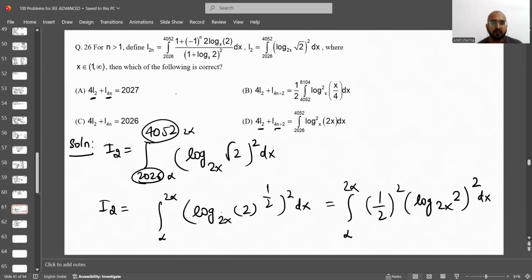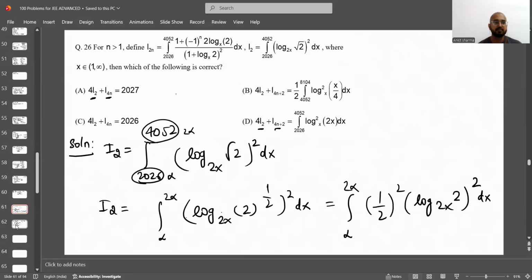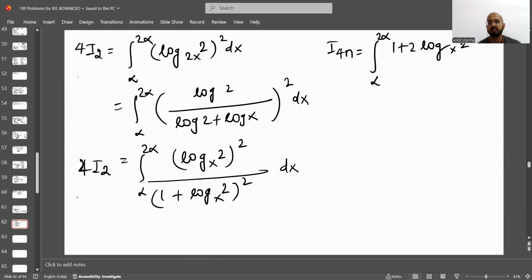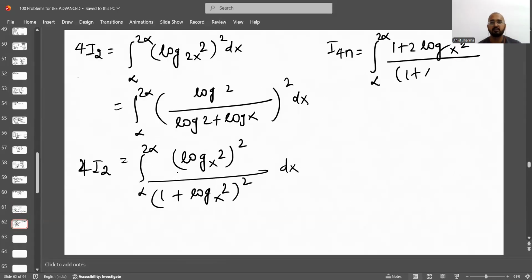If I write down here I4n, then this will be 2n. So that means it is plus basically. So I'll be having 1 plus 2 times log 2 base x, over 1 plus log 2 base x, the whole squared is already there.